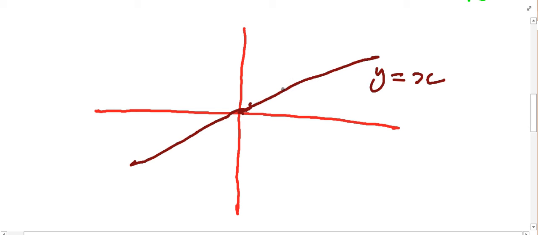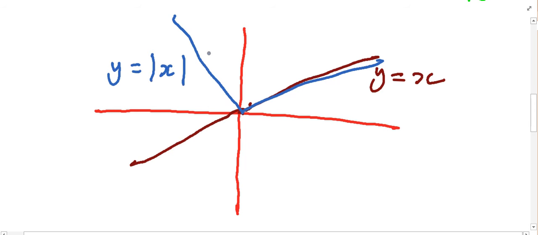So what we will simply do is reflect the negative side to the positive side. This simply means that this part will be reflected like that, and then this side, which is positive, will just simply maintain like that. So this is now our y is equal to modulus of x.